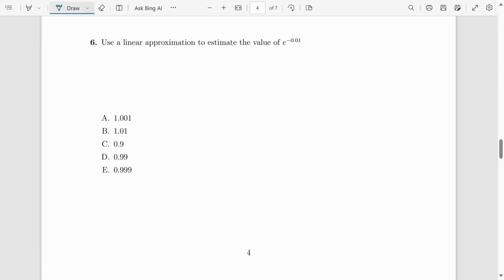Question 6. Use a linear approximation to estimate the value of e to the power of -0.01. For linear approximation problems, we've got a great formula: f of x is approximately equal to f of a plus f prime of a times x minus a.